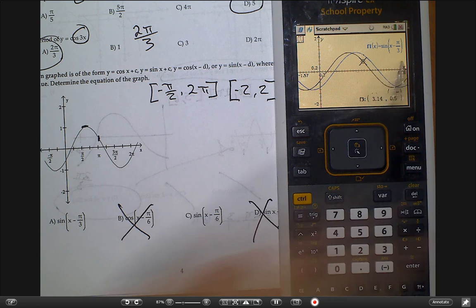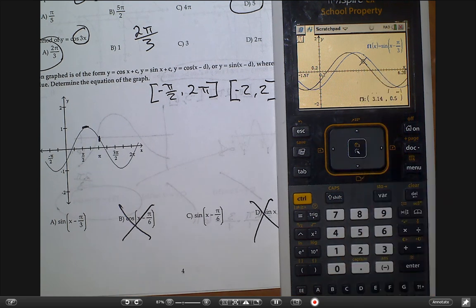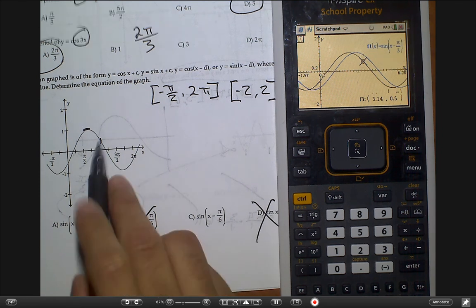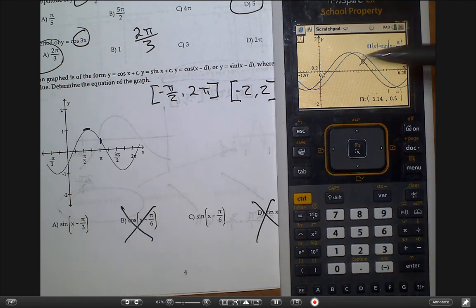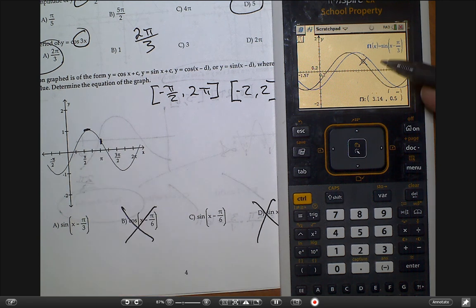So if I'm comparing this one right here to this one right here, I just picked a point and I picked pi because pi is about halfway down here. On this graph right here, it's going to be up higher. So I'm going to go with the black one for this one right here.